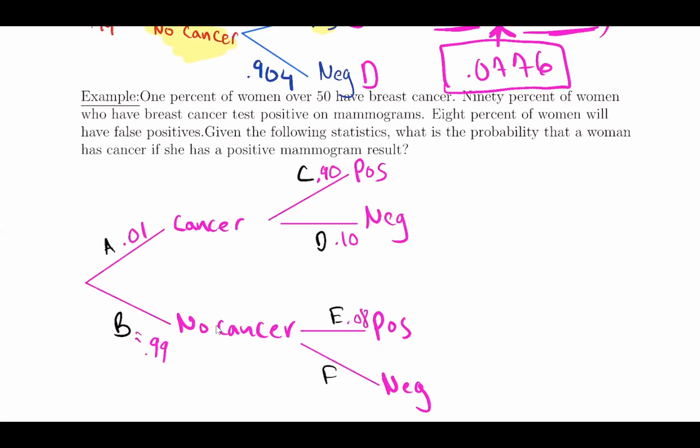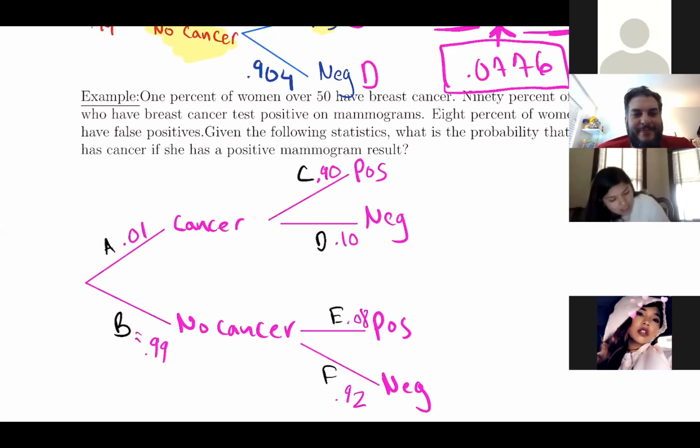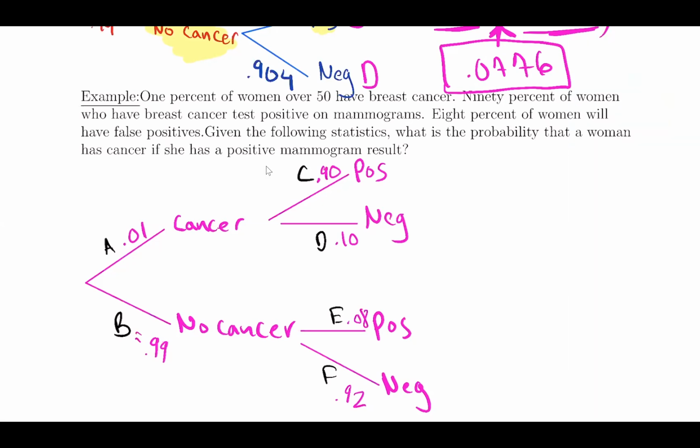So that means F should be what? It's 8%. Yeah, 0.92. 8% of women were having false positives. Cool. All right, so that's how you set up the tree diagram. Any question on how to set it up?